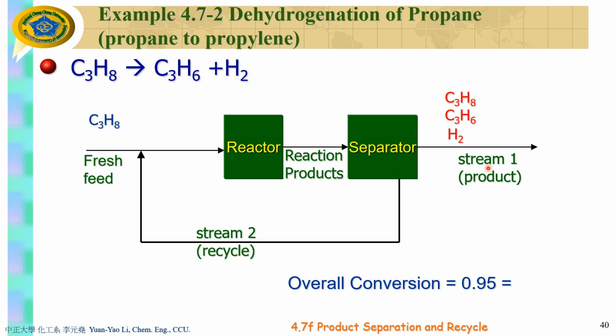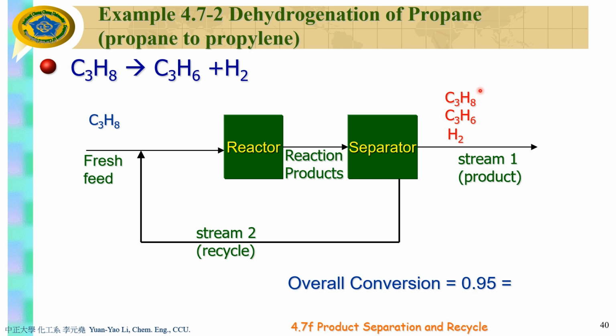Calculate the composition of the products, the ratio, and the single pass conversion. You know the overall conversion; now the question asks you for the single pass conversion. According to the information we know, there are three specifications. Let's write down these three specifications here on the flow chart.